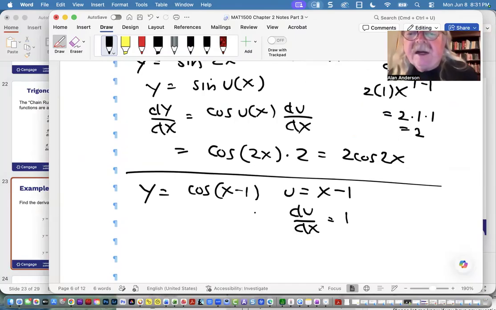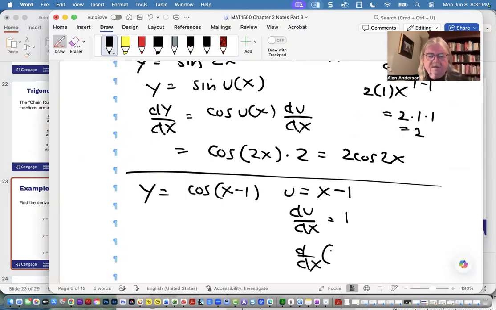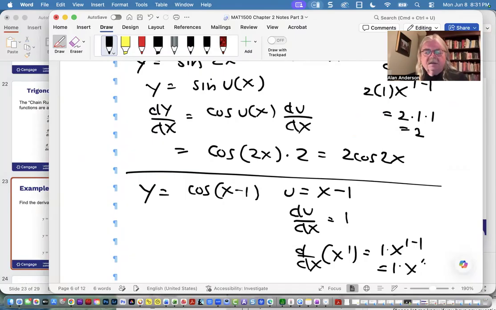The derivative based on the power rule is just 1 because this is implicitly x to the first power, 1 times x to the 1 minus 1, which is just 1. And of course, the derivative of a constant is just 0.